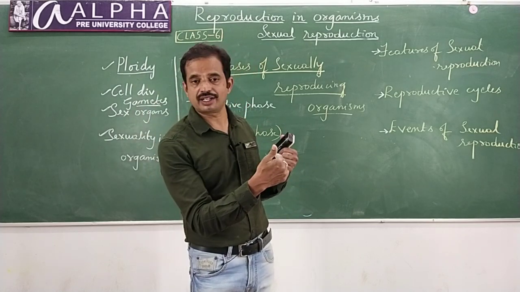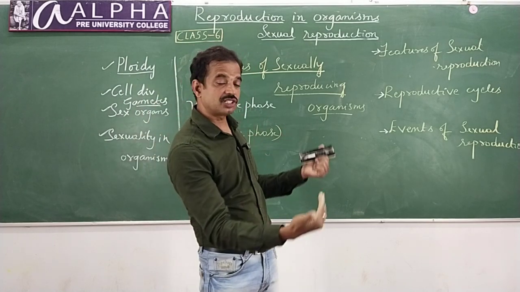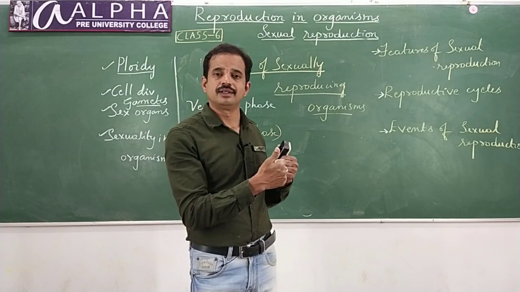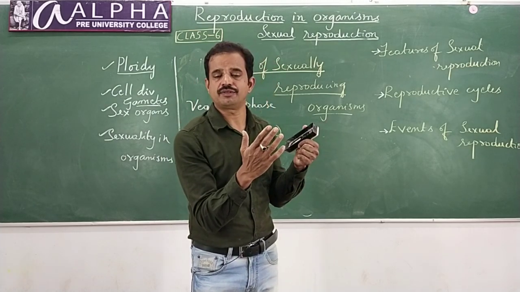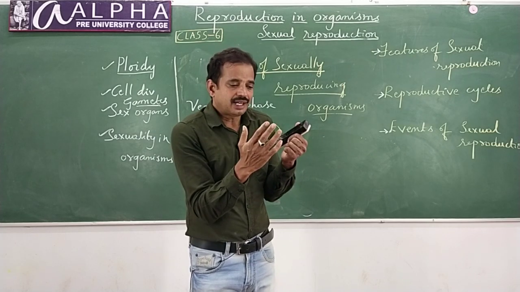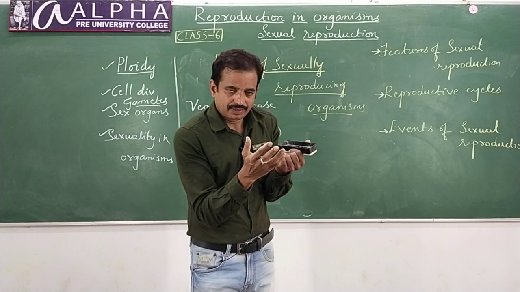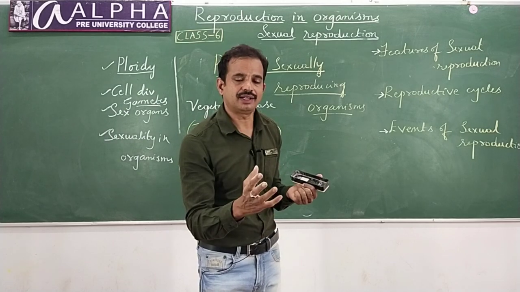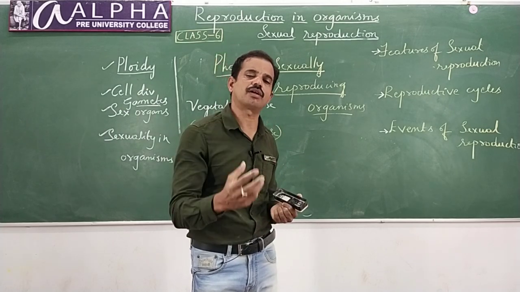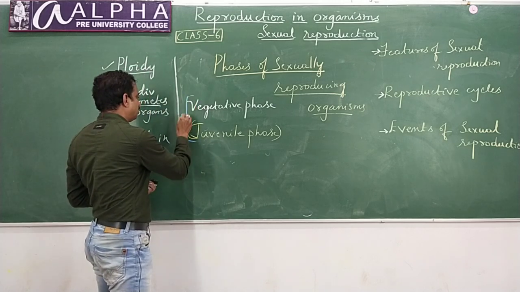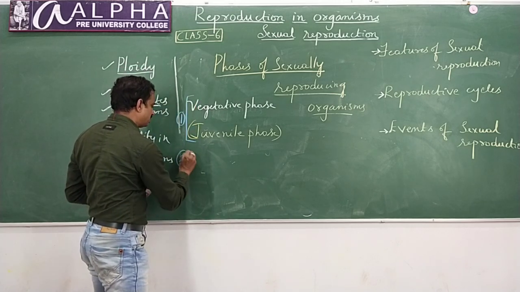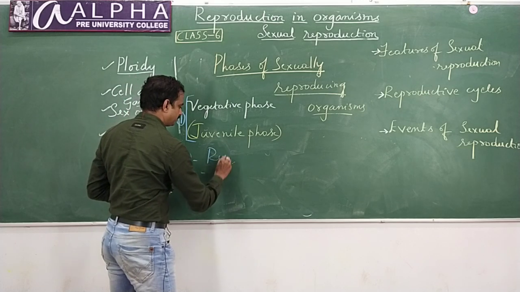Or in case of higher animals, mammals, the fertilization is taking place inside the body. Totally, male and female have to take part in the process of reproduction, and they are reproductively capable. And this phase, when the individuals of the species are reproductively capable, we call that a reproductive phase. This is the first phase, and second phase, reproductive phase.